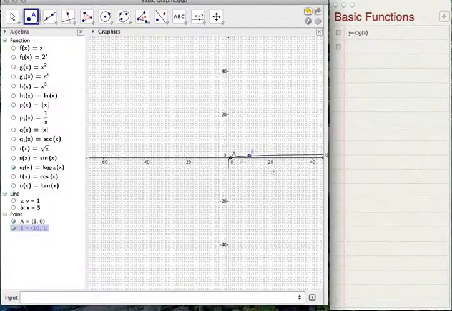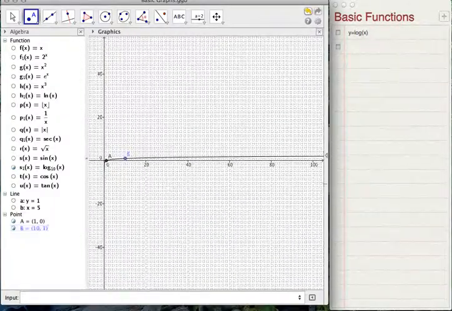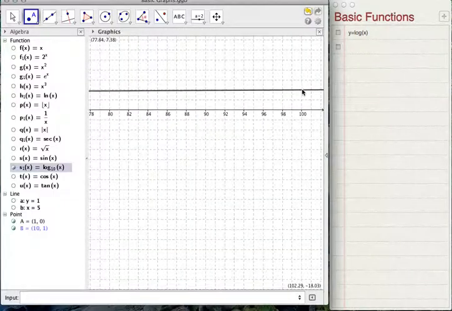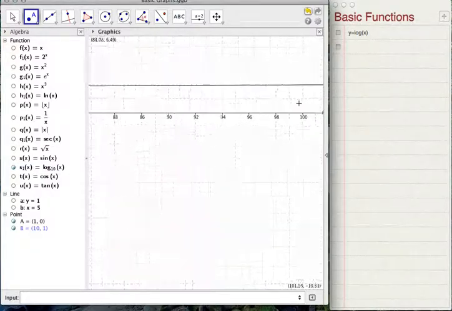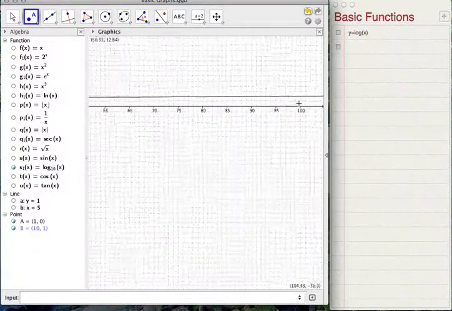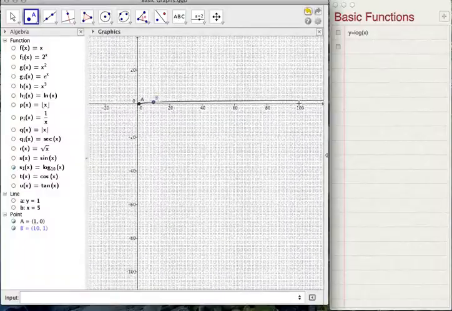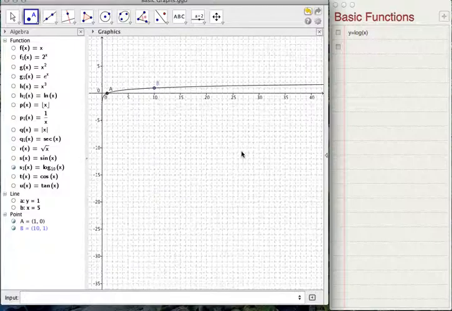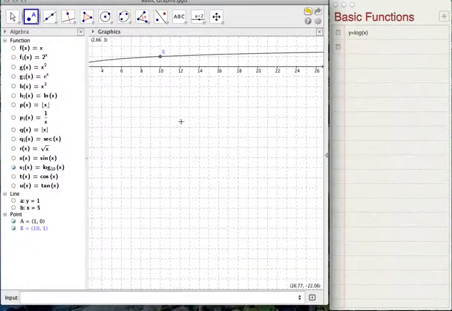If I zoom out to 100 and scroll over a little bit, you'll see that's the next nice point. By the time it gets to 100, it's gone through 10 squared. You might be able to tell already that the log function grows really slowly. It does continue to grow. It will always get slightly higher, but it flattens out and grows very, very slowly.